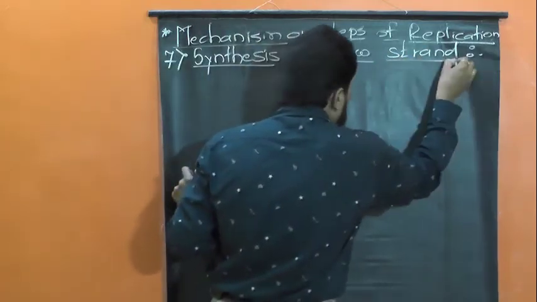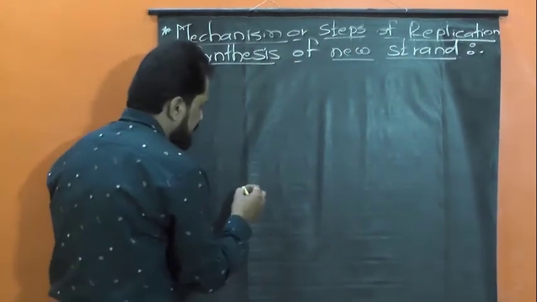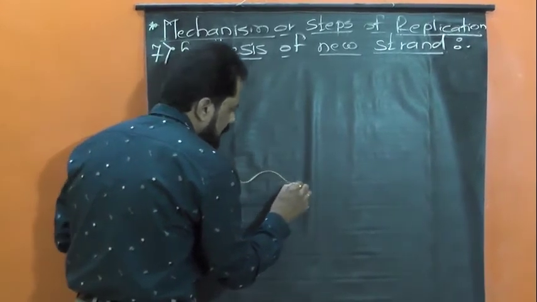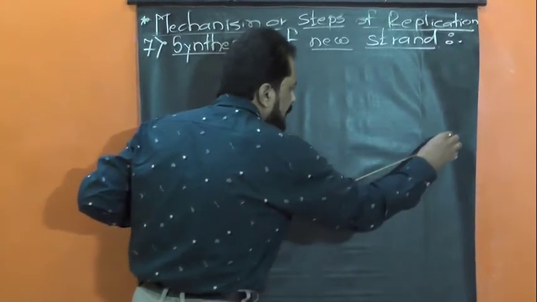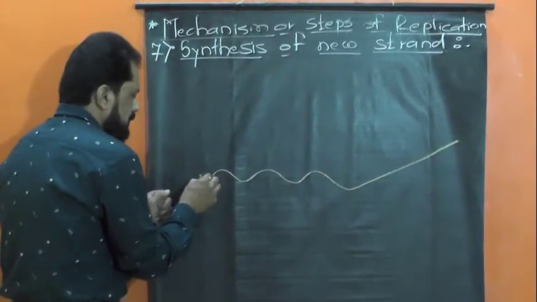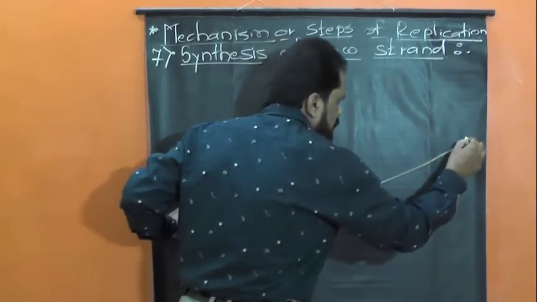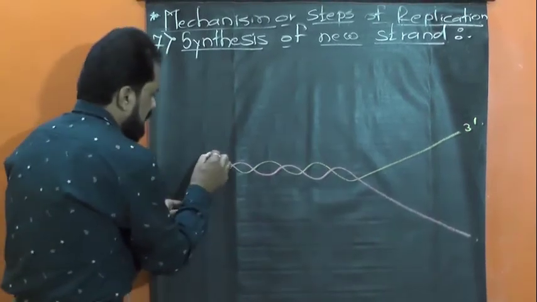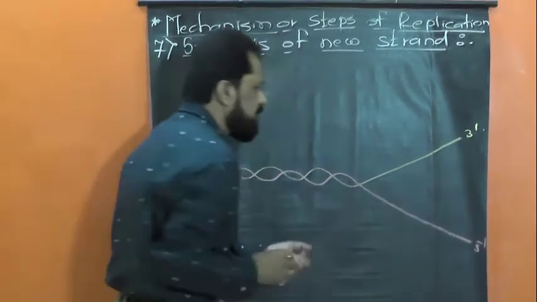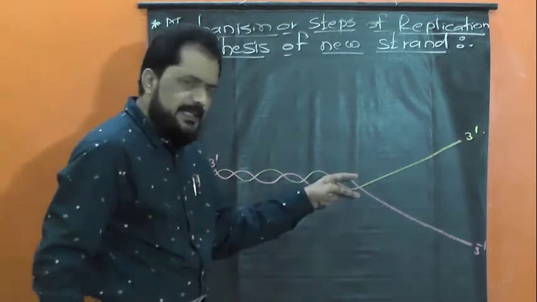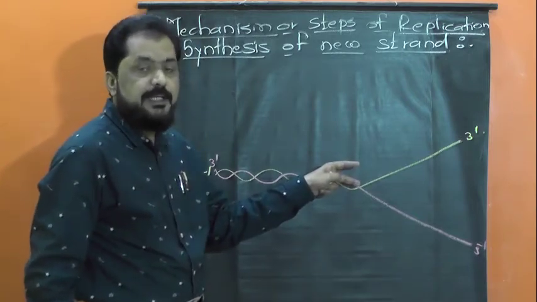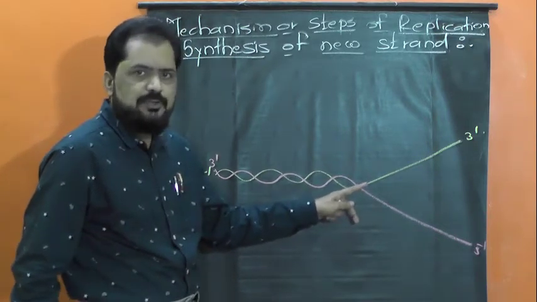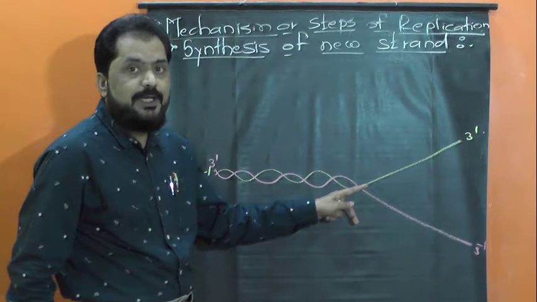First of all, let me draw here a diagram. Let us consider here is a double-stranded DNA with two anti-parallel strands, 5' to 3', another strand 3' to 5', and just now we have studied as these two strands of DNA helix get separated from each other, there is a formation of fork or capital Y-like structure.